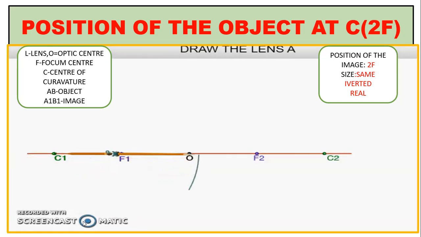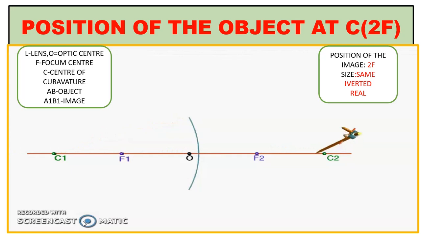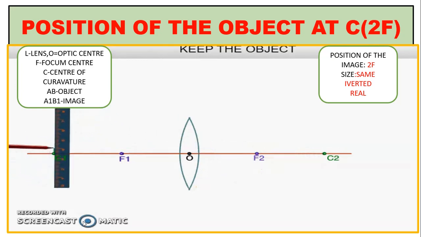Now observe here, from the point C, take a small arc and draw like here. Then you can get the clear convex lens.